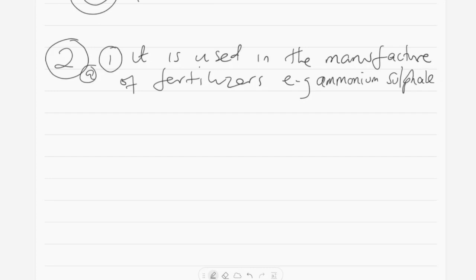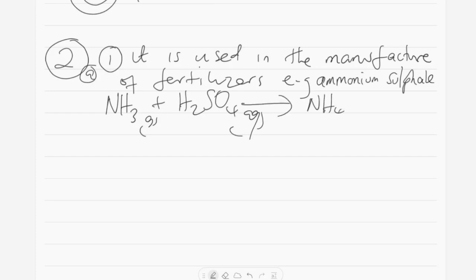What happens is, suppose I've got ammonia gas plus H2SO4, which is sulfuric acid. This forms ammonium sulphate. So this is one reason why ammonia is a very important ingredient.